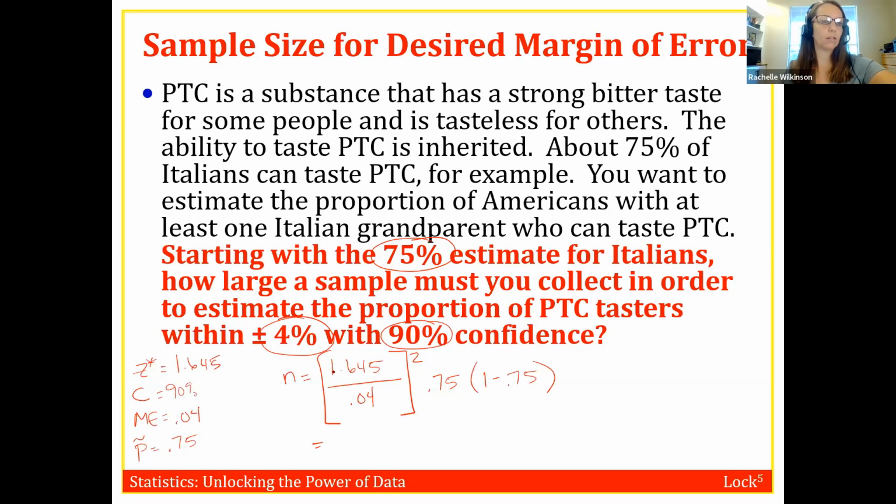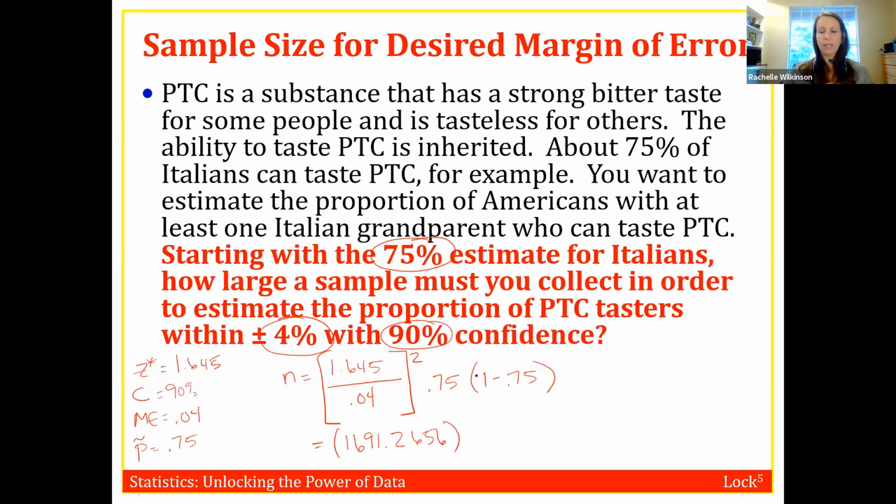So I'm going to start here with those parenthesis values. If you take the 1.645 divided by 0.04, then you get 41.125. Now I'm going to square that 41.125, and I get 1691.2656.